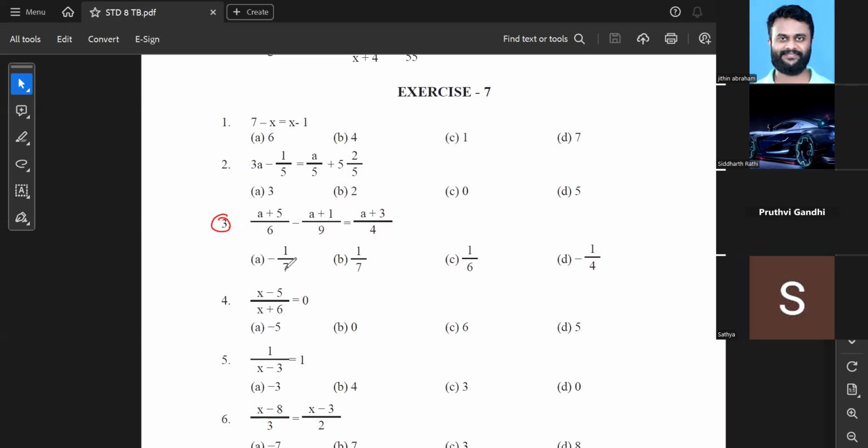Okay, sir. Sir, one more thing, we didn't receive the worksheet for linear equations. You need the worksheet for linear equations, you said, right? Yeah, we didn't receive that. Yeah, don't worry. That is not yet circulated. Okay.